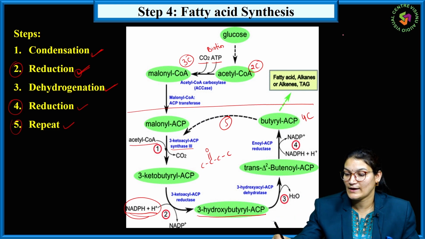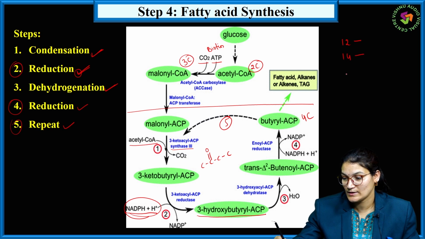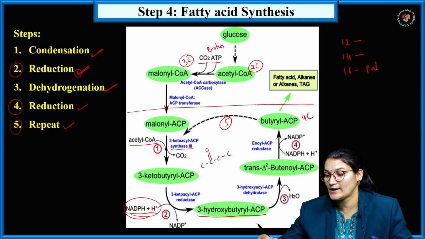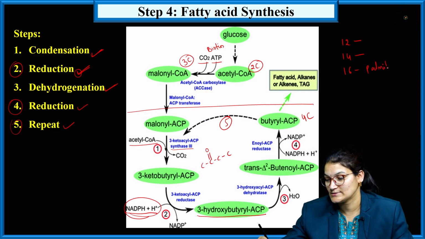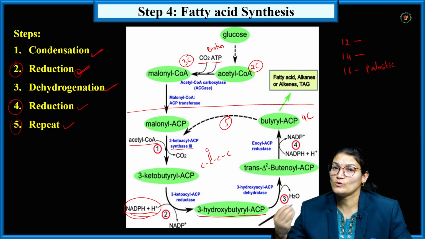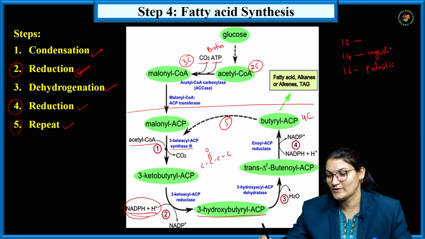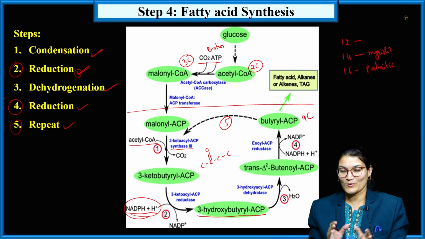For example, if I want a 12-carbon, 14-carbon, 16-carbon, the end product we are expecting is palmitic acid. If you want the end product as myristic acid, we cannot synthesize all this in a lab.